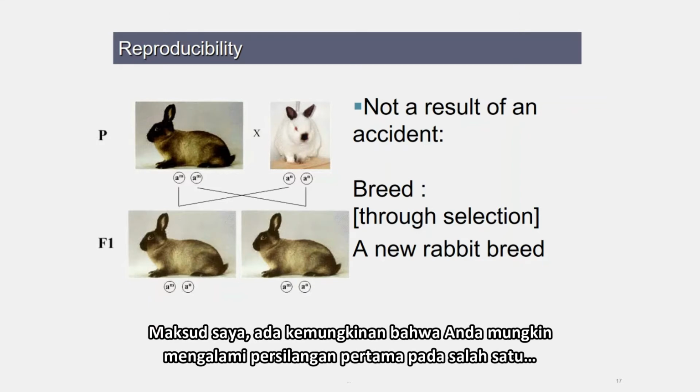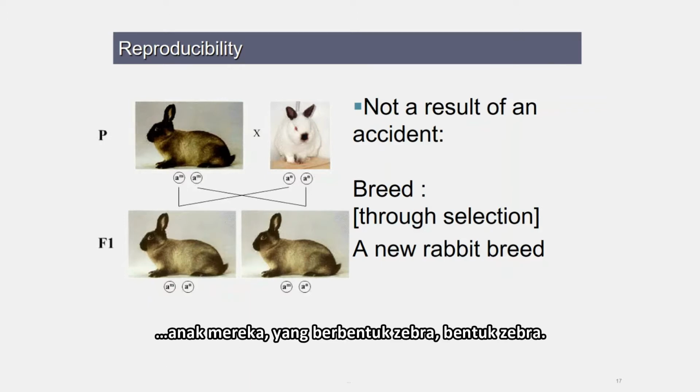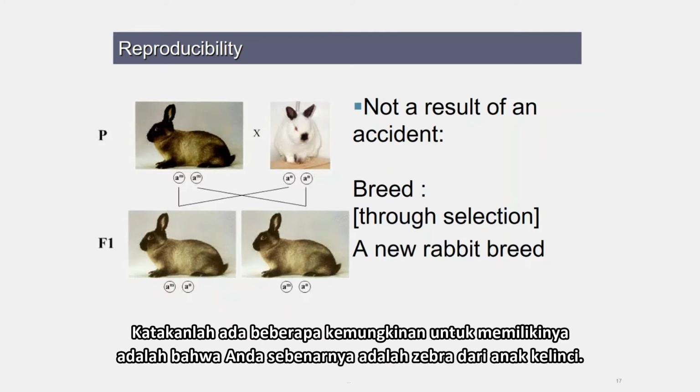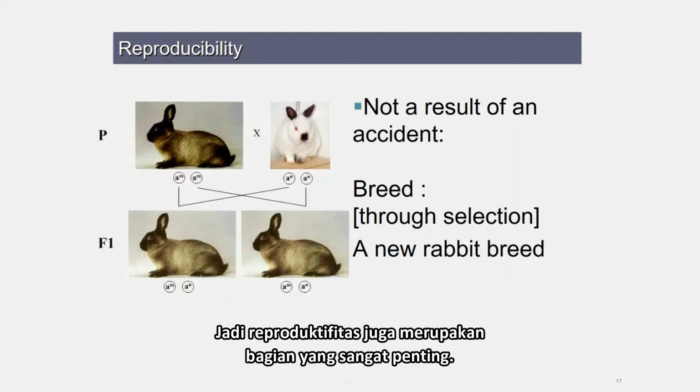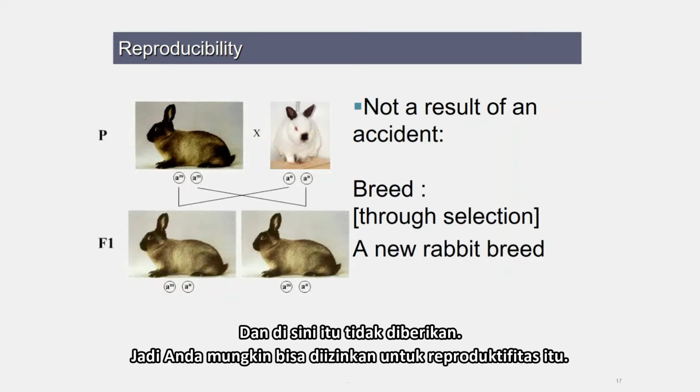I mean, there is surely some possibility that you might have in the first crossing one of the children which has the form of a zebra. There is some probability that you actually have the zebra form rabbit child. But the point is that it is nothing you can decide because you did it just by letting it happen. So the reproducibility is also a very important part, and here that is not granted.